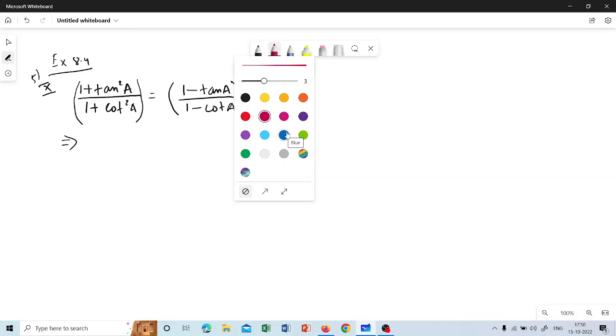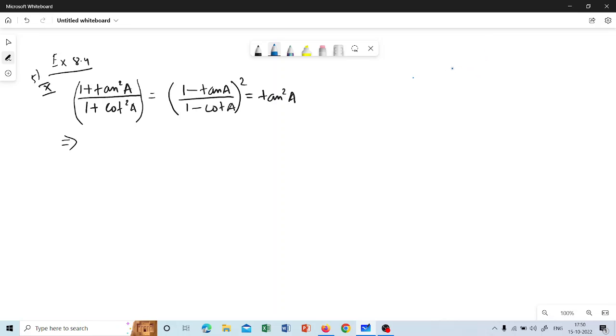So I use a better color. Now I'll write the identities for convenience. 1 plus tan square A is equal to secant square A, and 1 plus cot square A is equal to cosecant square A, and sine square A plus cos square A is equal to 1.